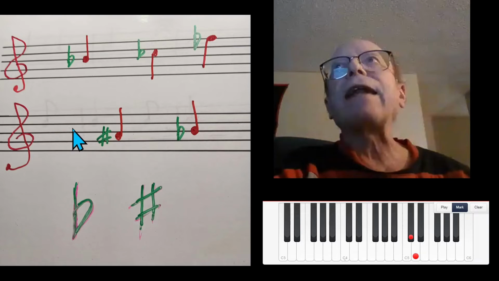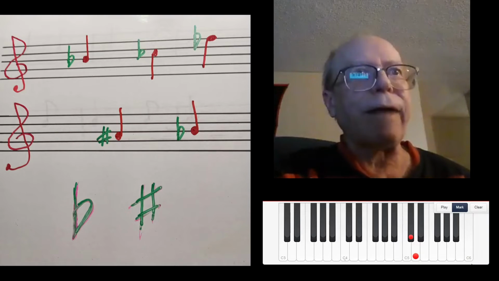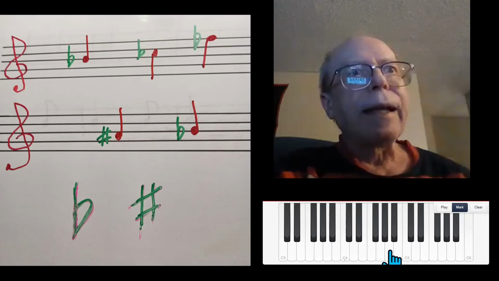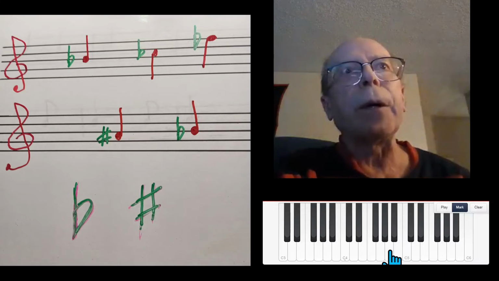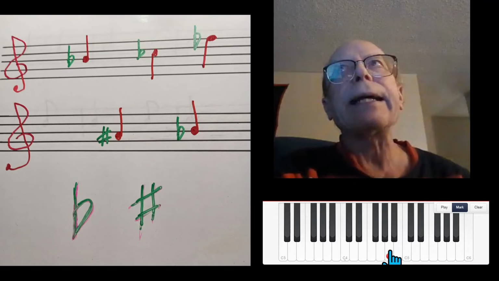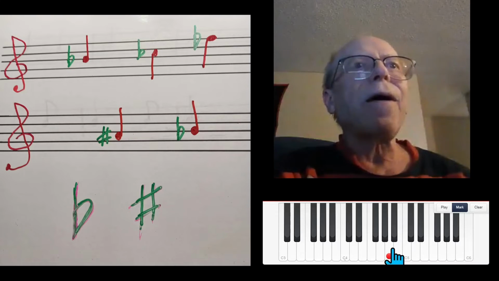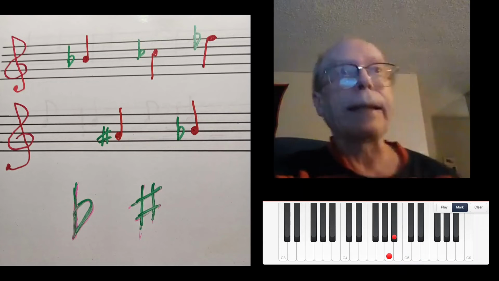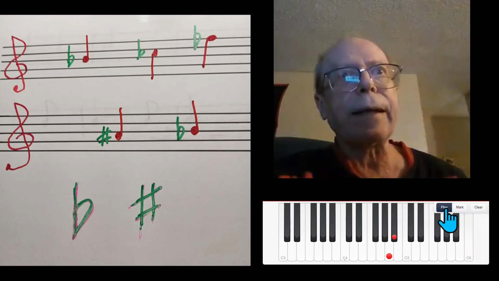But other than that, if you look here, for example, here we have the note A, and all of a sudden I want A sharp. There it is, A sharp. You can play those.